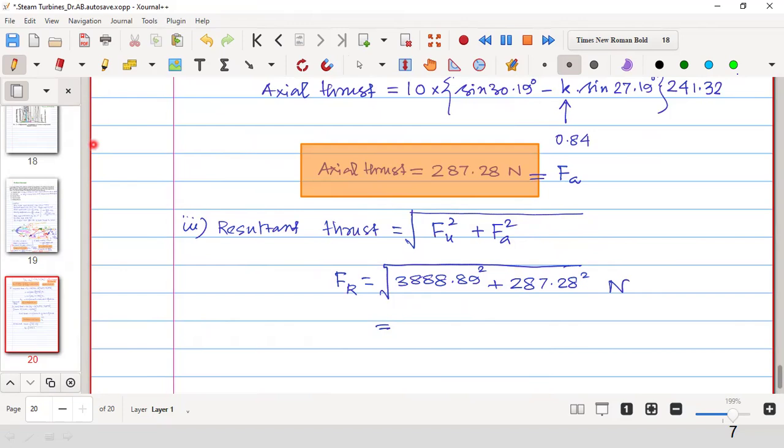So it is coming to be 3899.57. It was 97, not 89. So this much of newtons is the resultant thrust.